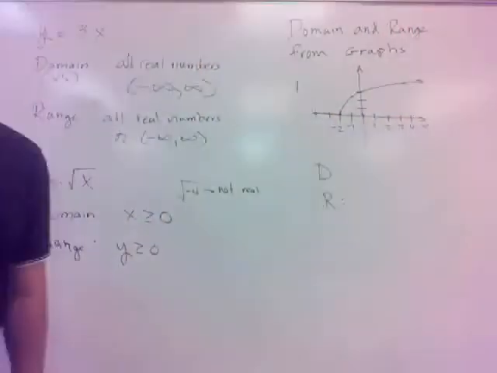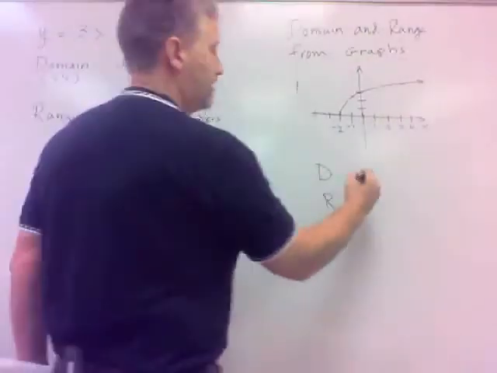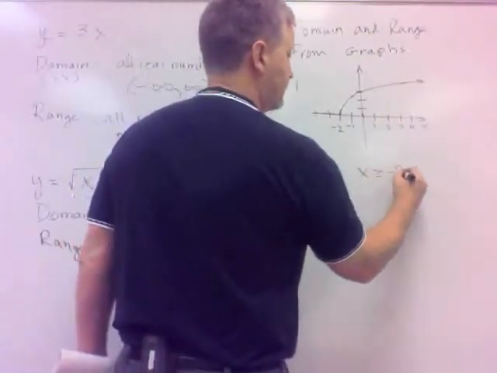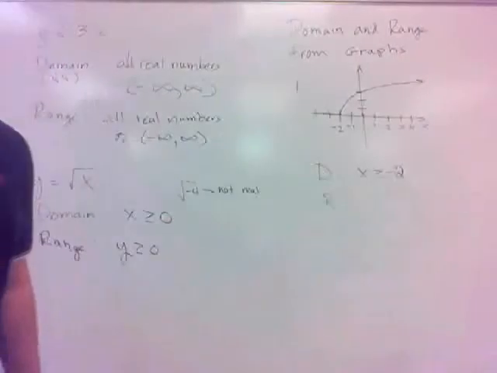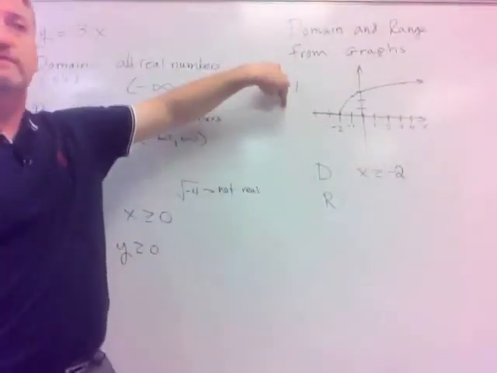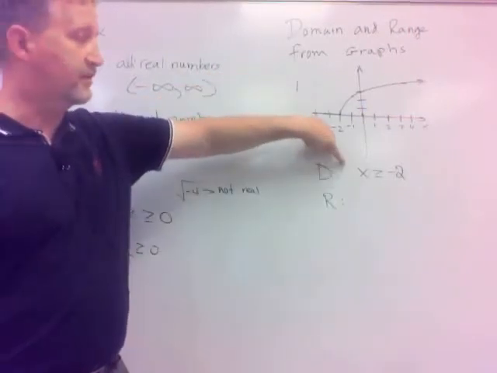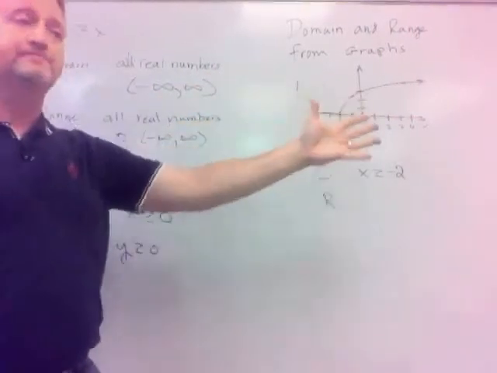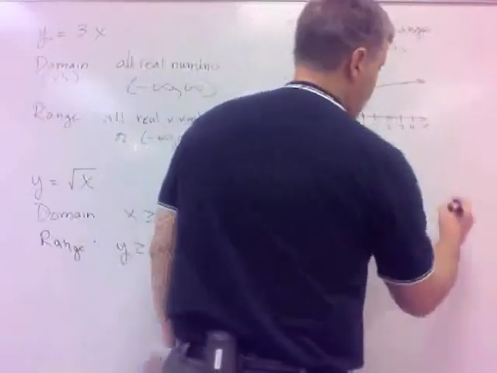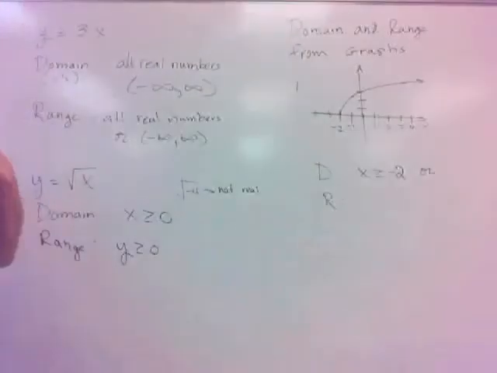What is not a part of the domain here? Anything below -2. That's right. So doesn't x have to be something greater than or equal to -2? You with me on that? Because I don't have any x values of -3, -4, -5. Okay? So x has to be greater than or equal to -2. Now, the book probably prefers that you use interval notation.